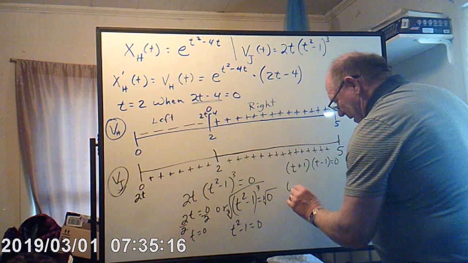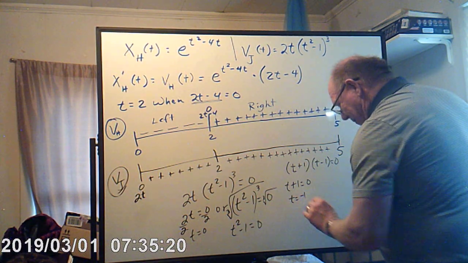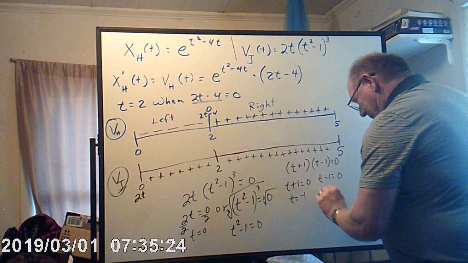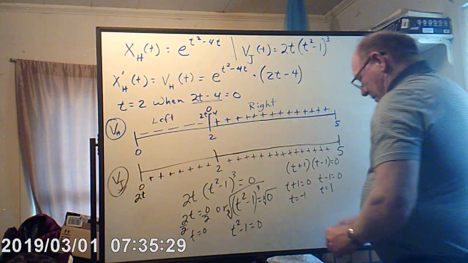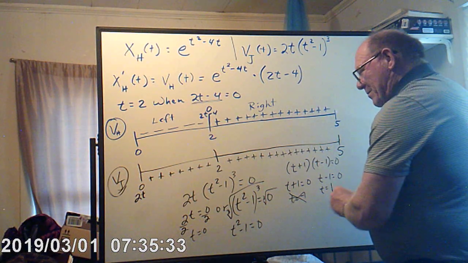Remember, you can factor that. So t plus 1 is equal to 0, which means that t is equal to negative 1. And then t minus 1 is equal to 0, which means that t is equal to positive 1. Time cannot be negative, so we're going to mark that out. So t is equal to 1 here.